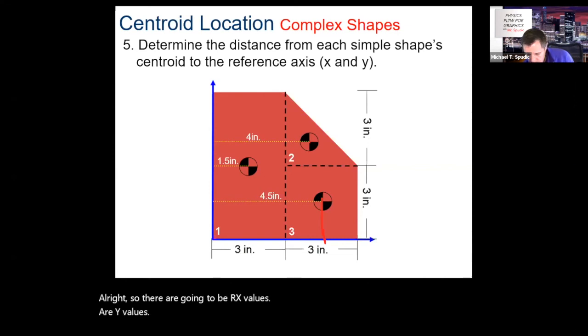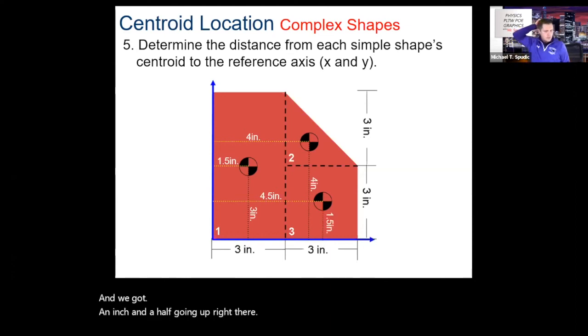Now our Y values. We got 3 inches going up, 4 inches going up, and 1.5 inches going up right there. So here's what you would do.